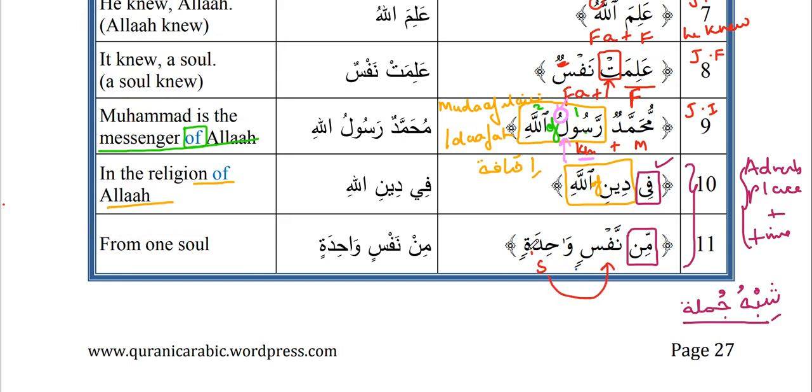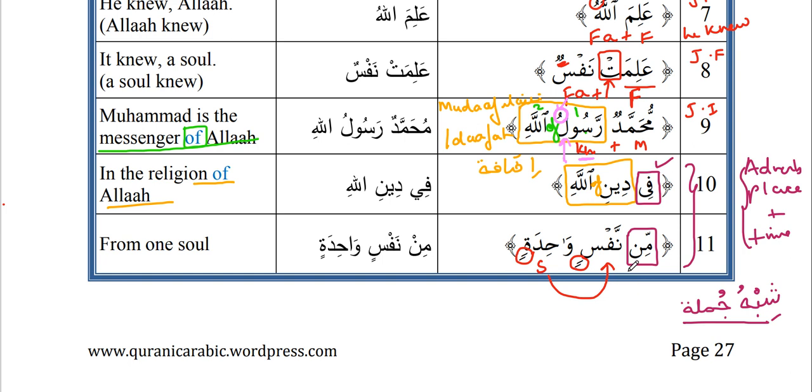Both of them are nakira and both are feminine, and gender and number all match, so this is definitely a sifa for nafs. But in these two cases, these are different. We will deal with this in lesson 5 because these are all majroor case sentences. So this is all about the phrases.